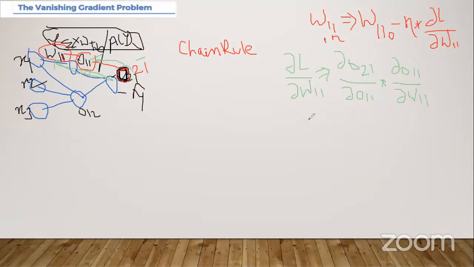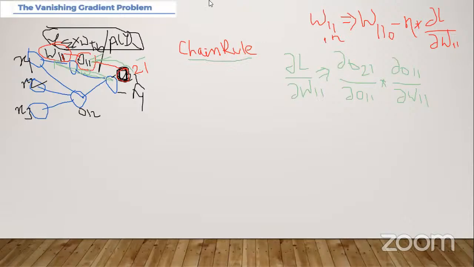So I can split this further, because my W11 depends on O11 and O21, all the previous outputs, and these outputs include the weights and biases. So I'm not writing it again. Okay, try to understand. I have to update the weight W11, and this is how we will encounter the vanishing gradient problem.